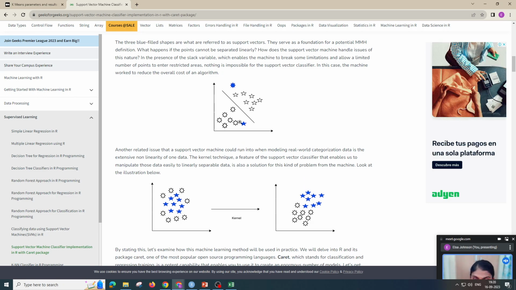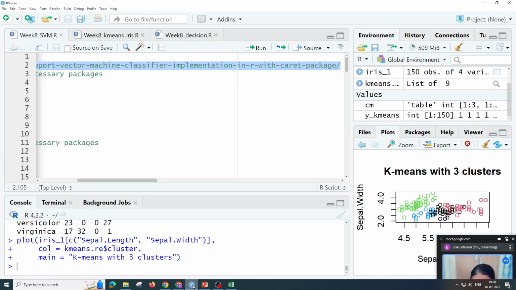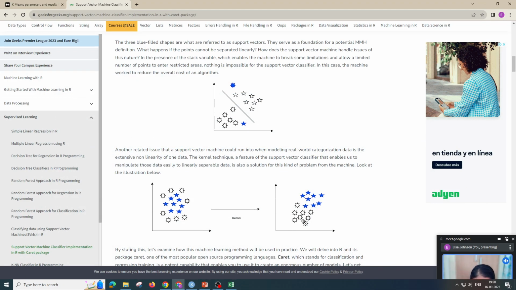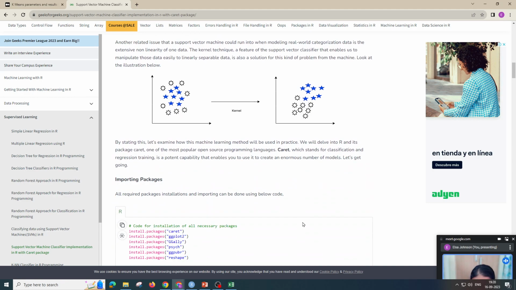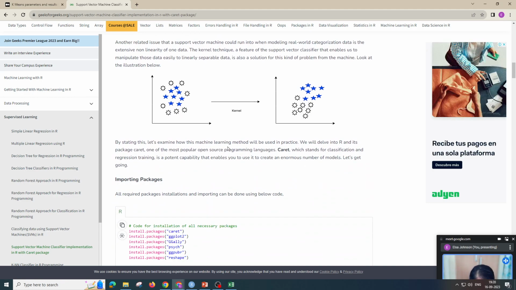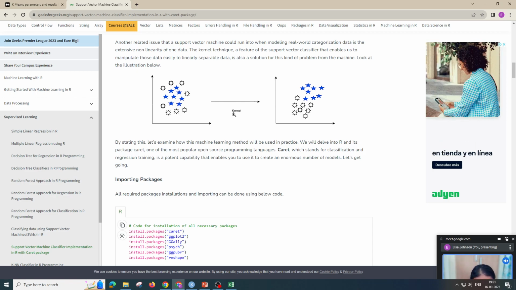That is how the support vector machine works. So you will have to find a hyperplane, and finding the hyperplane has many different methods. For that you will be using a kernel. This kernel has different types, actually: linear, radial basis, and other types are there.